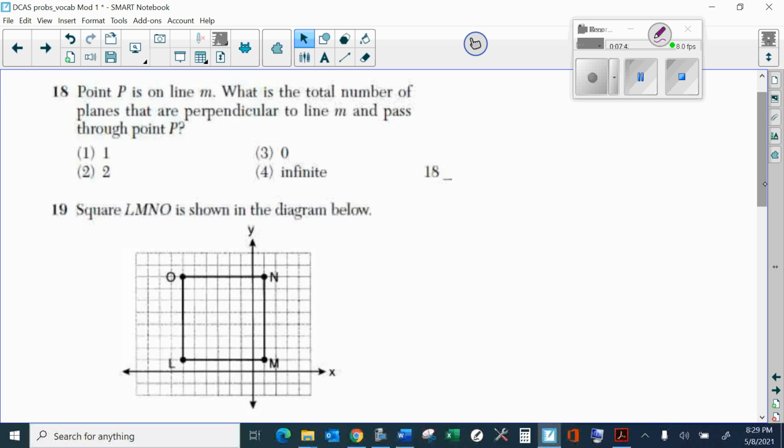Okay, we have that figure. What's the total number of planes that are perpendicular to line M? Point P is on line M. What's the total number of planes that are perpendicular to line M and pass through point P?